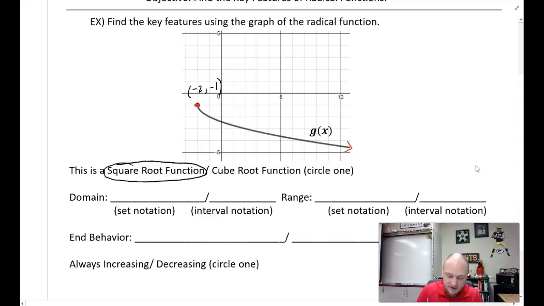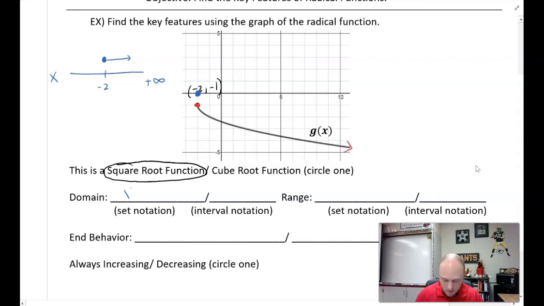And it's asking about our domain. Well, domain are x values, and our x values are starting here at -2. So if you like the number line, I'll put down -2, and then our x values, are they going to the right or to the left? Are they increasing or are they decreasing? Well, our x values are going to the right. I have an arrow going this way, and that's towards positive infinity.